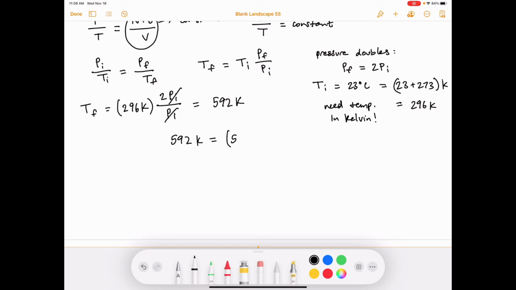So if I take 592 and subtract 273, now we're back in degrees Celsius. And the answer would be 319 degrees Celsius.